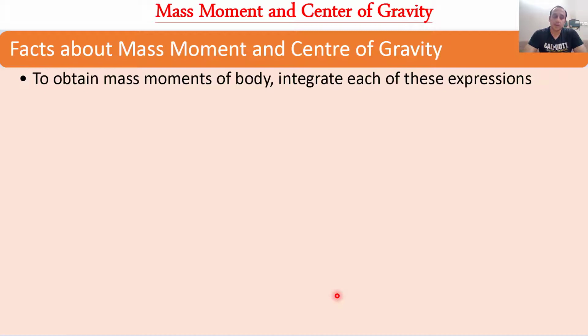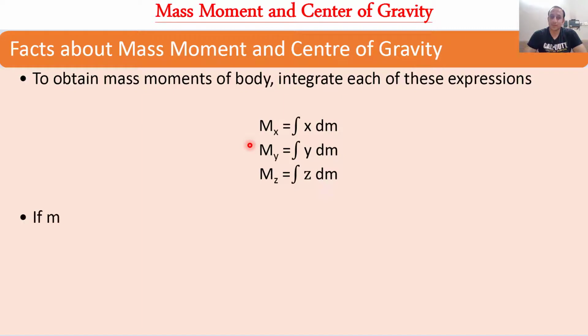So in order to get the mass moment of the whole part, we need to integrate the equations we derived in the previous slide. We take the integration of x into dm to get the total mass moment of a body with reference to the x-axis. Same is the case with the y and z axes.